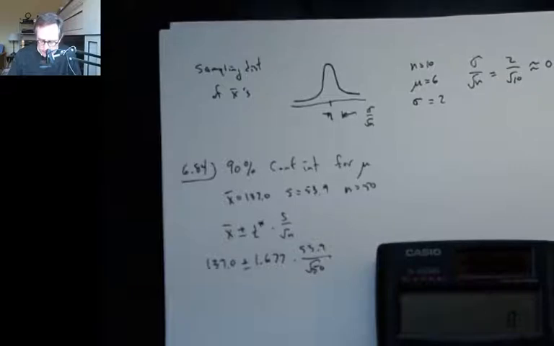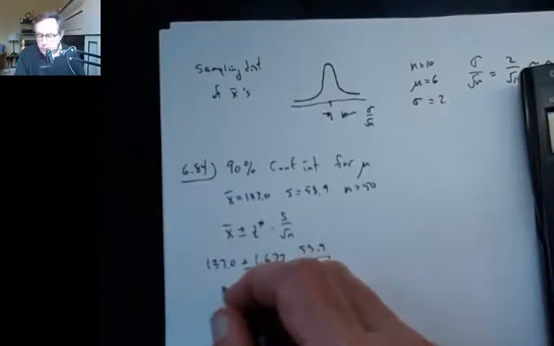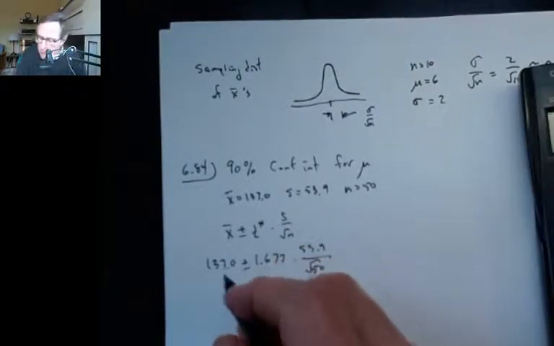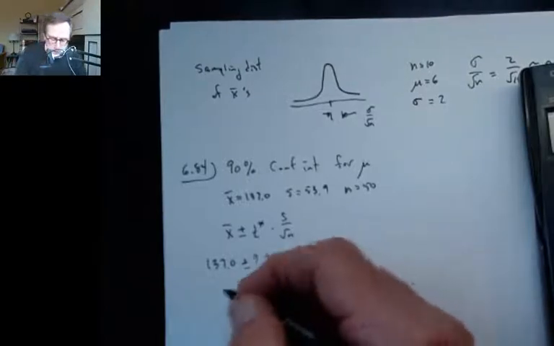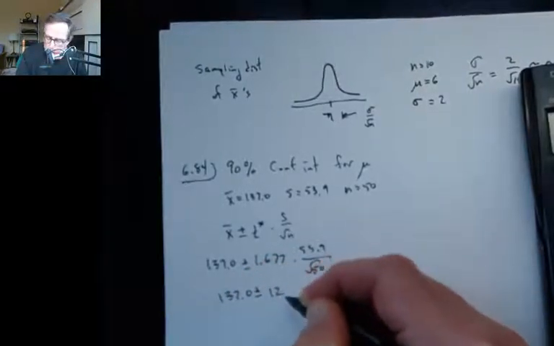So let's see, 53.9 divided by square root of 50 equals, multiply by 1.677 equals 12.78. So I got 137.0 plus and minus 12.78.